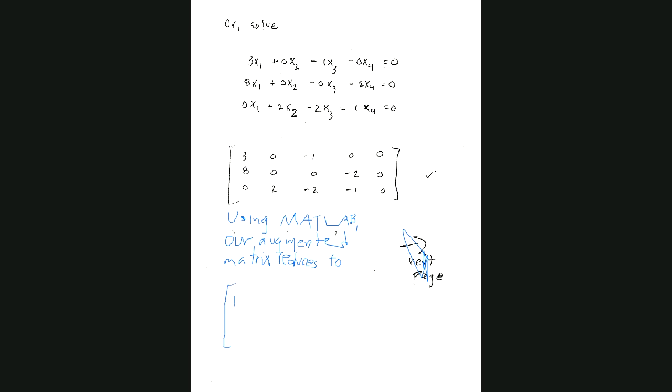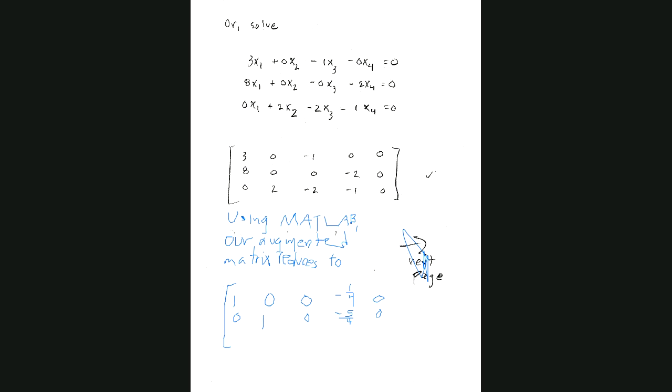So 1, 0, 0, -1/4, and 0 for the first row. 0, 1, 0, -5/4, and 0 for the second row.